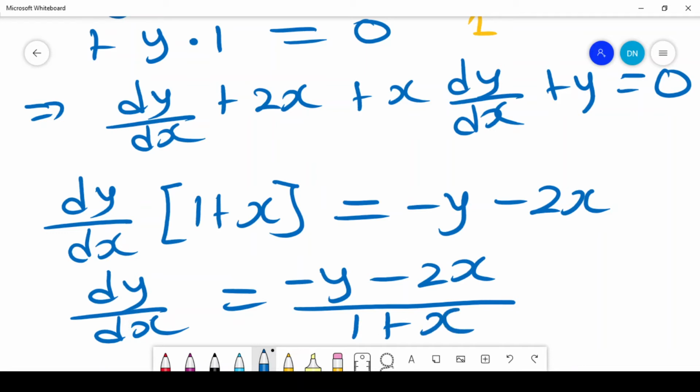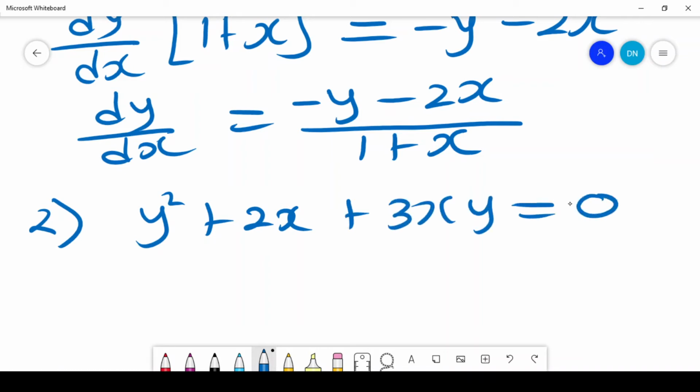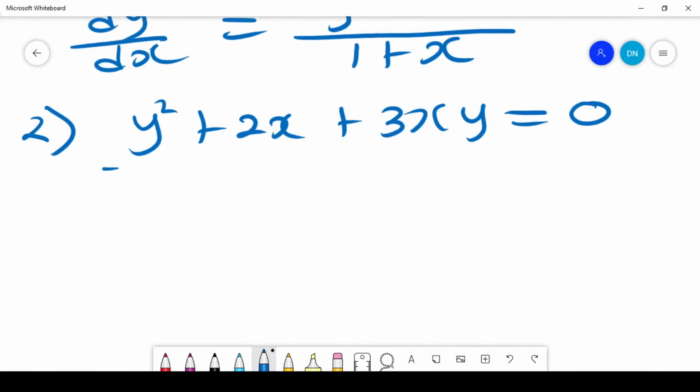And that will be the final solution to that equation, y squared plus 2x plus 3xy equals 0. So I want to differentiate everything with respect to x, because I want to find dy/dx.